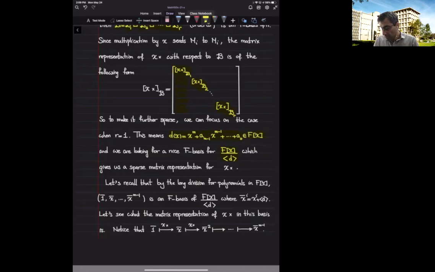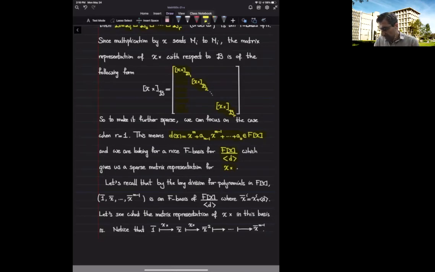I look at the quotient ring, think about it as an F[x] module. Then I look at the operator that's multiplication by x, that's a linear operator. And I'm asking if I can find a sparse matrix representation for this linear transformation.